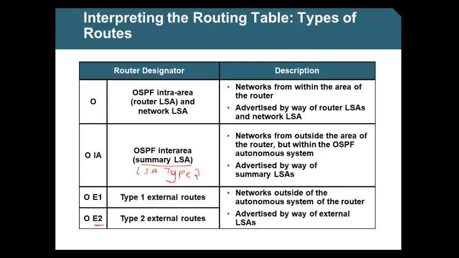E2 is called external type 2. 2 is the default. What does E represent here? It means type 5. Because type 5 LSA is what is called the external autonomous system LSA, isn't it?